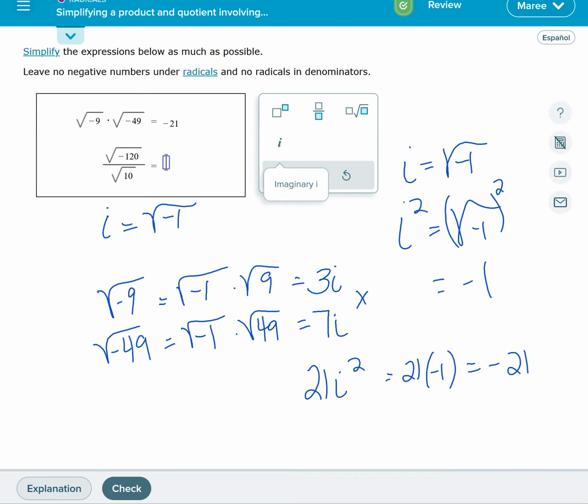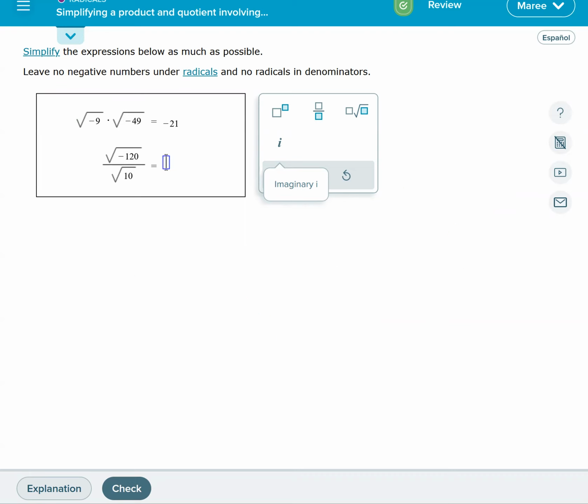For the second answer, because we're dividing and only one of them is negative, we can put it all under the square root. And we have the square root of -12.